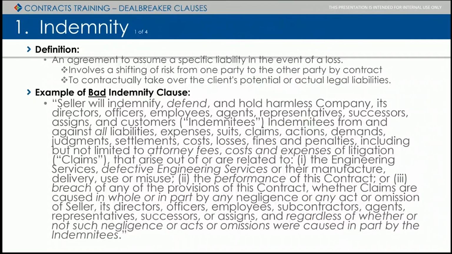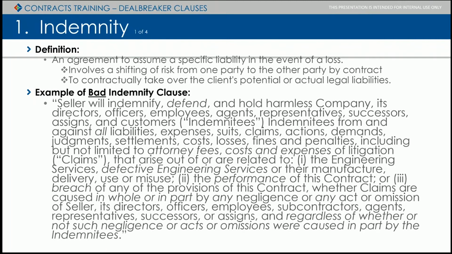Indemnity. In layman's terms, indemnity is I agree to take on risk for you. Essentially that means if I'm doing work for you and my people or my subs screw it up and you're sued for my wrongdoing, then I'm going to indemnify you for that wrongdoing.